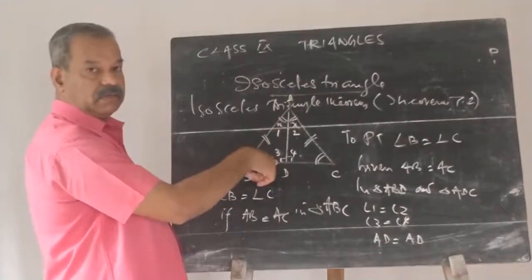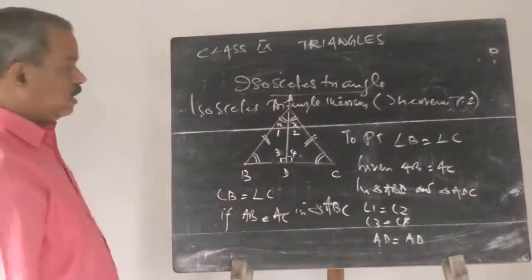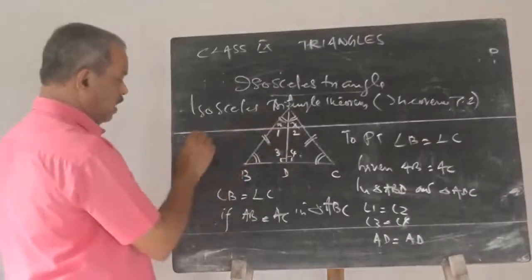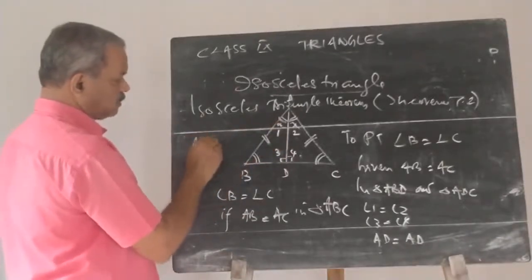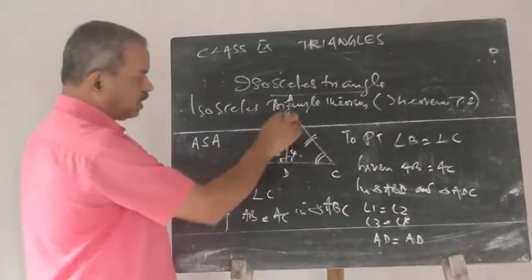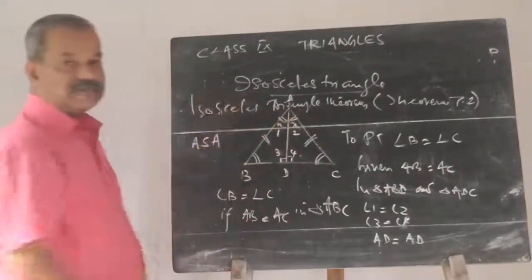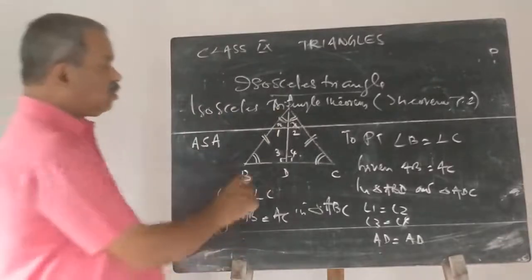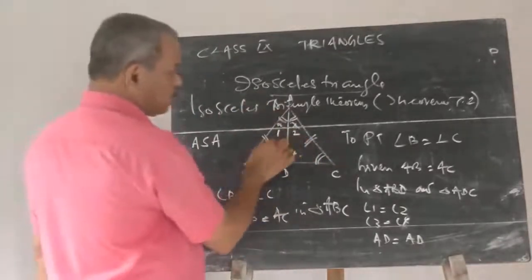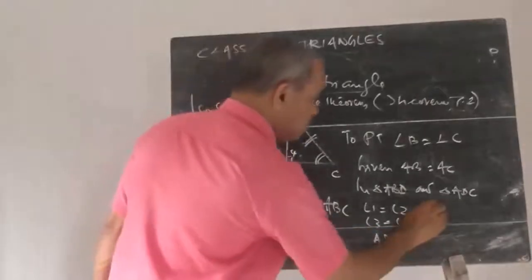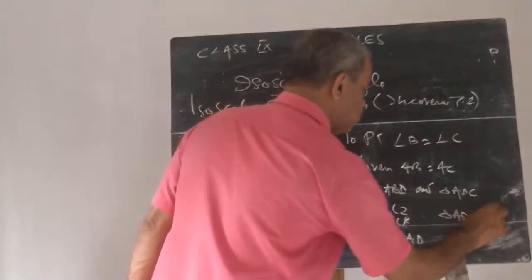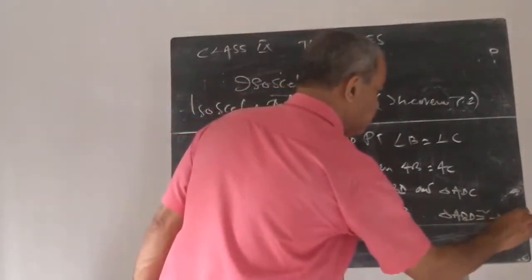Which is the criterion for the congruency? ASA. Two angles and included side of one triangle are equal to two angles and included side of another. So, what about these two triangles? Therefore, triangle ABD is congruent to triangle ADC.